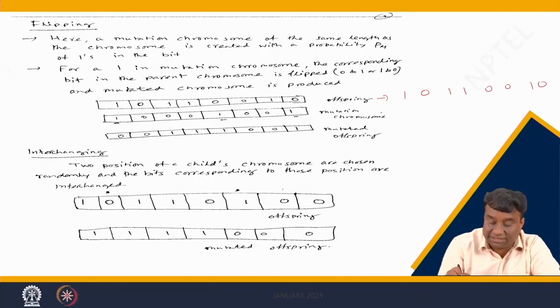The mutation chromosome, of the same length, is 0 0 0 1 0 0 1.